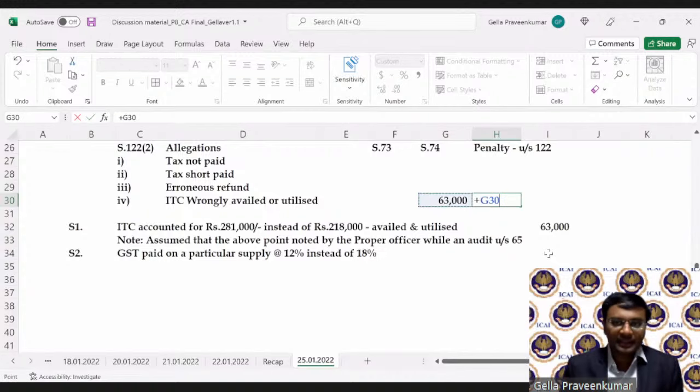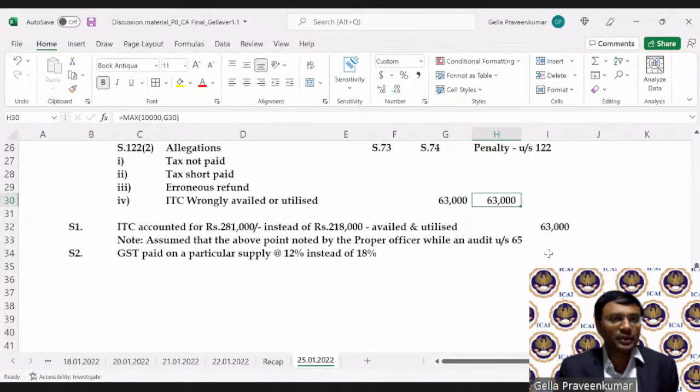Here, 63,000 is higher, so I'll put a formula: maximum of 10,000, comma, 63,000. Now, 63,000 happens to be my penalty, which will be demanded when a show cause notice is issued by the officers under section 122. Yes, PR, your answer is not right. Akshay, hope this 74 is clear now?